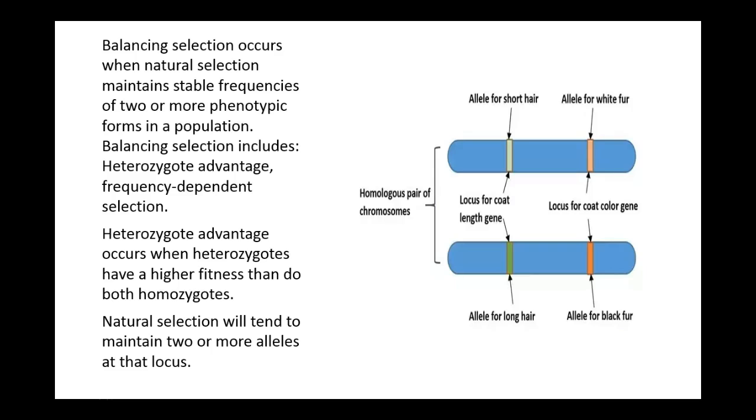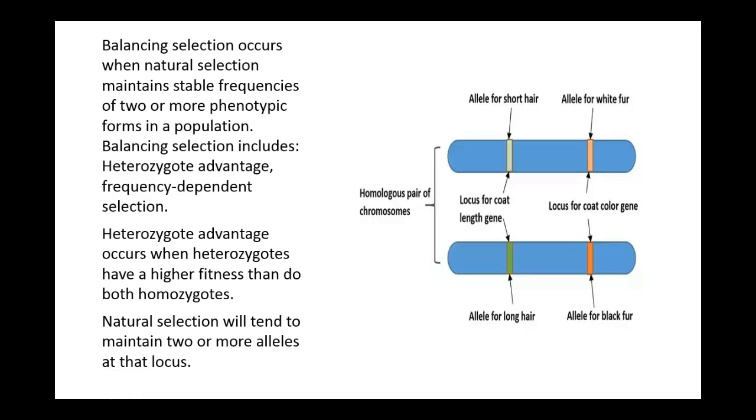Balancing selection occurs when natural selection maintains stable frequencies of two or more phenotypic forms in a population. Going back to the mice, you have this variety of fur color because if the environment suddenly changes, you still have those mice that are adaptable to that particular environment.